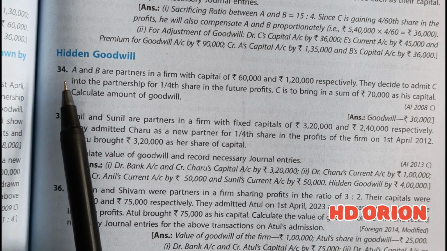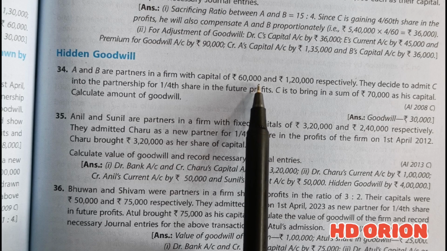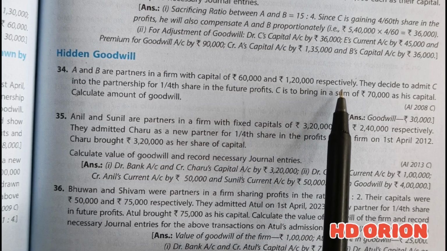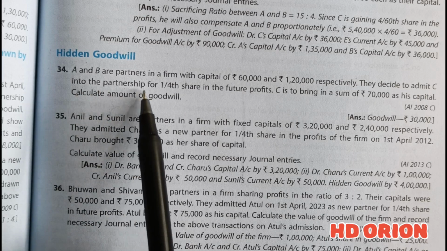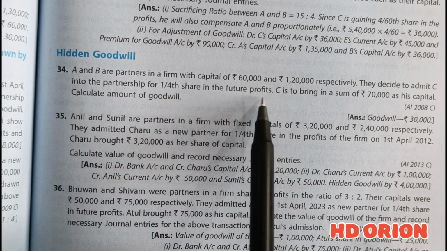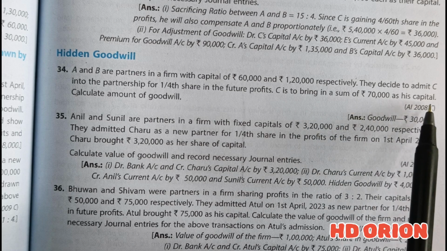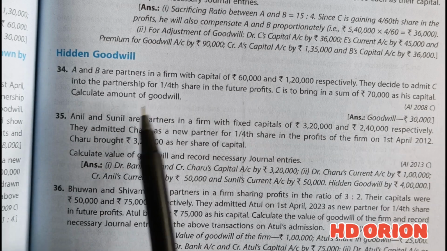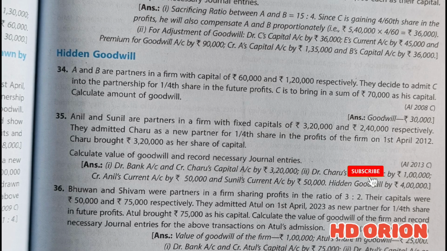In question number 34, A and B are partners in a firm with capitals of rupees 60,000 and rupees 1,20,000 respectively. They decide to admit C into the partnership for 1/4 share in the future profits. C is to bring a sum of rupees 70,000 as his capital. Calculate amount of goodwill. Let us see the solution and detailed explanation of this.